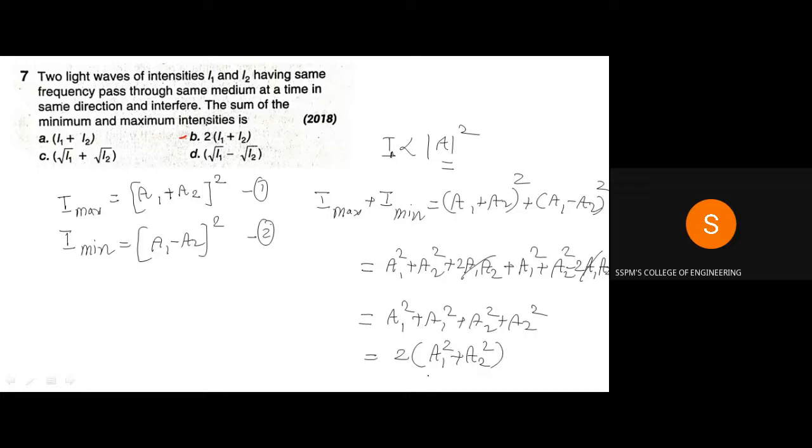So that directly we can write as I maximum plus I minimum equals 2 times I1 plus I2. Finish. Within one step, we are getting this answer. So this is the correct answer. Okay, 2 times I1 plus I2. This question was asked for MHCET 2018. So simple. Next one.